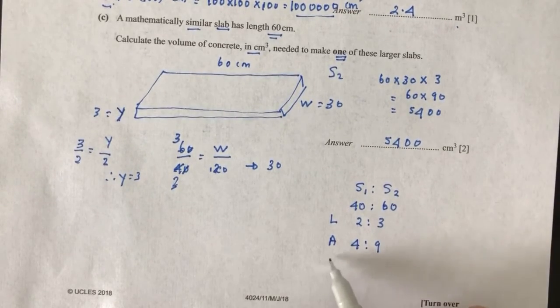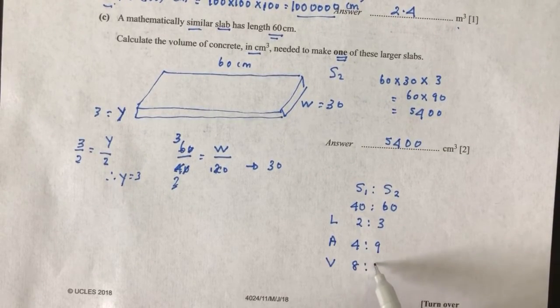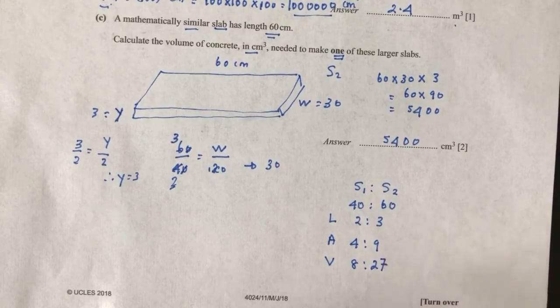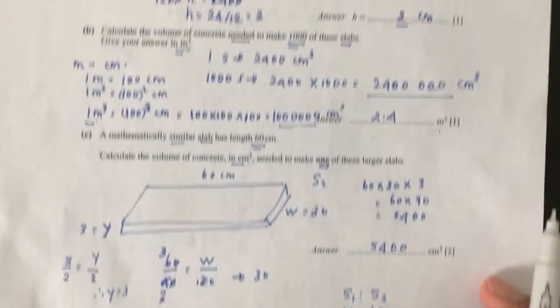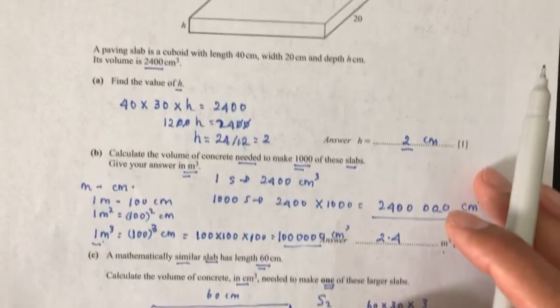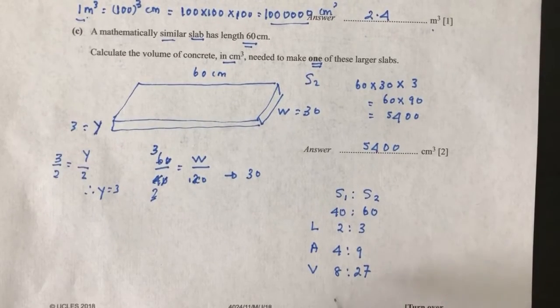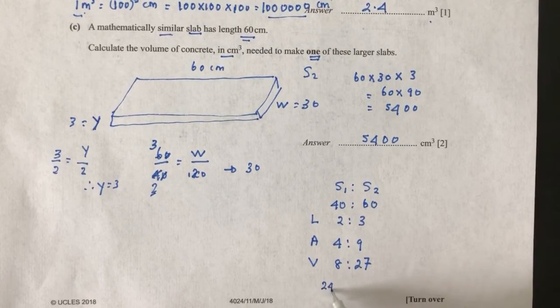Let's find the ratio of volume. It will be 8/27. We know the volume of S1, which is 2400. So find the value of 27.